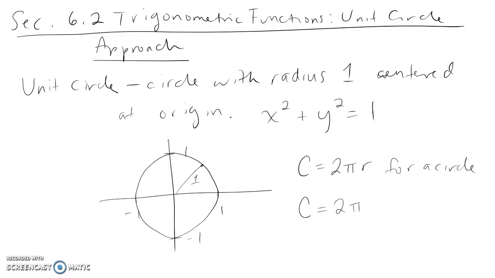If you plug a 1 in for the r, you just get 2 pi for the unit circle. That's interesting. Recall that there are 2 pi radians in one revolution of the terminal side of an angle, and the circumference of this is 2 pi. How convenient.